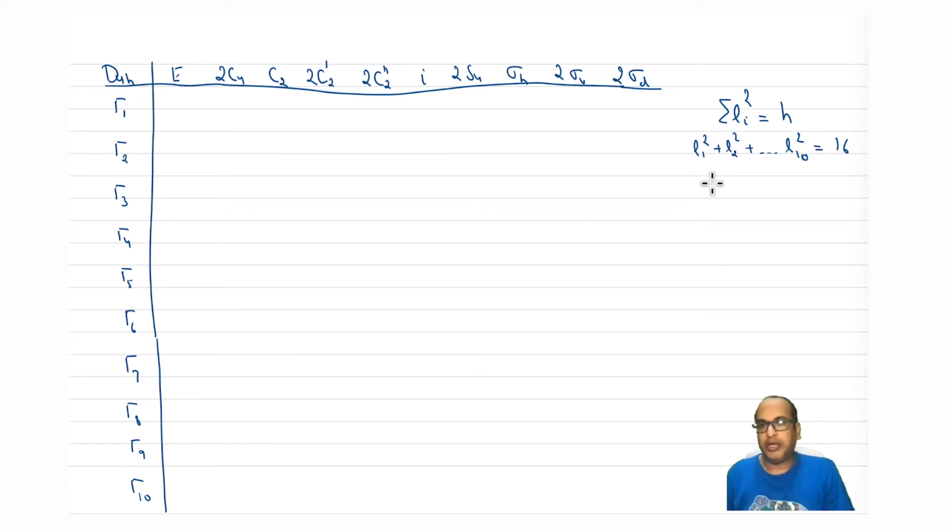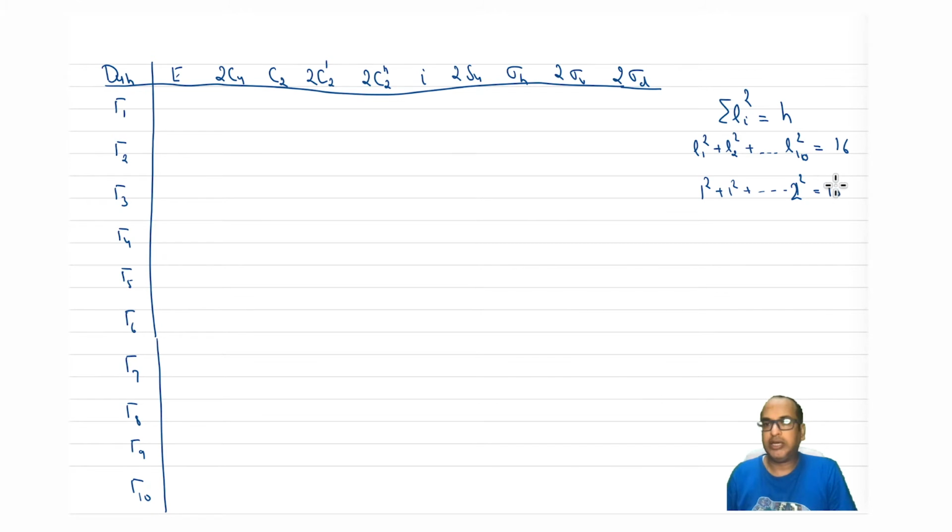Okay, so now if we take all 1, let's say, we will get 1 square plus 1 square and so on. So that gives me 10, right? So that does not give me 16. So that means at least one of these will be a two-dimensional representation. So if I take 2 here, that gives me 9 plus 4, which will be 13, right?